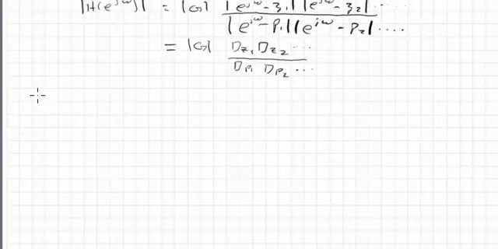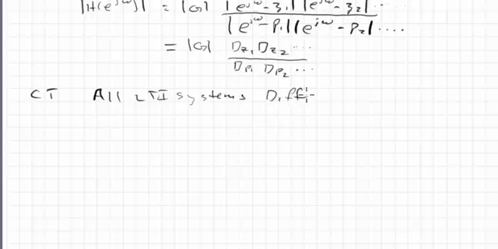Alright, for continuous time, the story is very similar. All linear time invariant systems can be written in the form of differential equations with constant coefficients, linear differential equations, and we get these from, you remember, Kirchhoff's voltage law or Kirchhoff's current law.